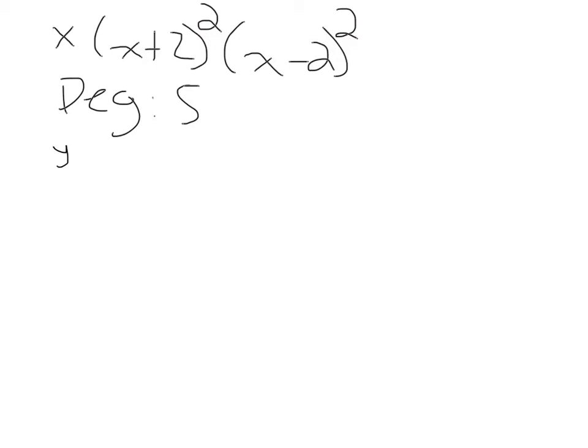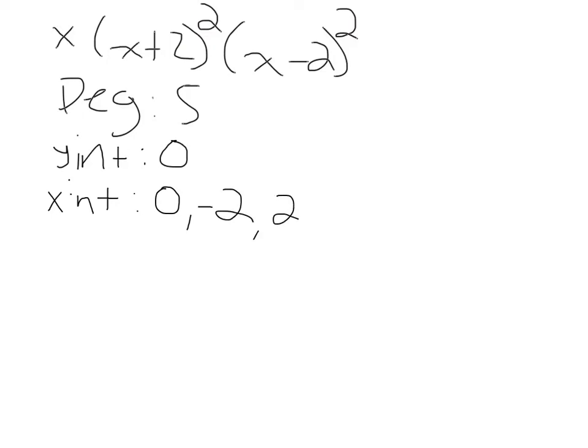The y-intercept is 0, because when I let this x be 0, then the whole thing turns 0. That doesn't happen every time, but in this problem it does. And the x-intercepts, and that's the beauty behind this, are right there. I have 0, negative 2, and 2.